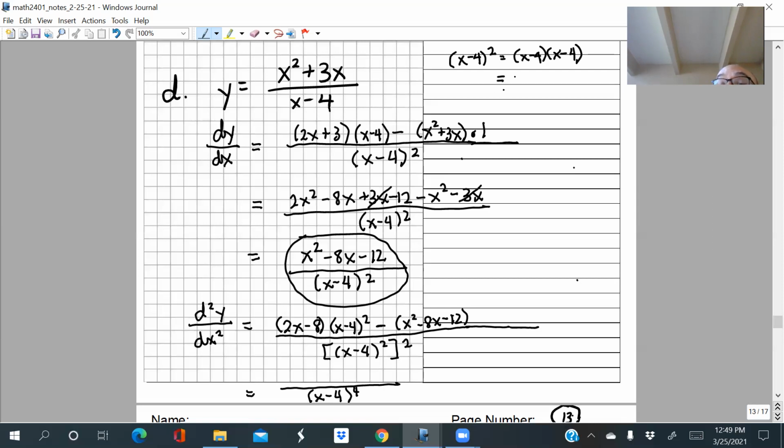When you multiply, you get x times x is x², and then you get −4x twice. Minus 4 times x, and another minus 4 times x. So that's −8x. And then −4 times −4 is plus 16. So (x − 4)² is the same as x² − 8x + 16.